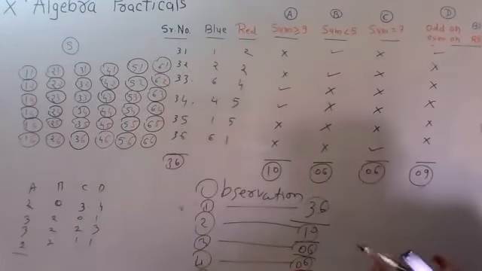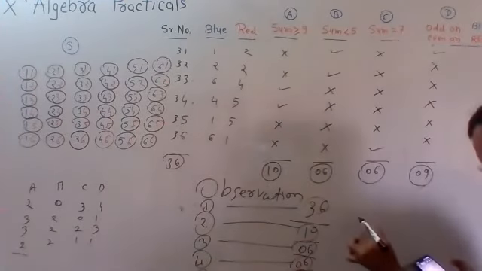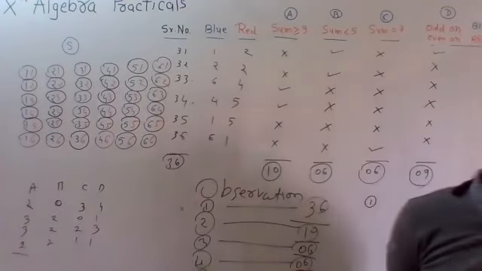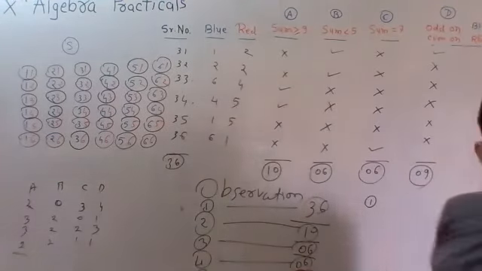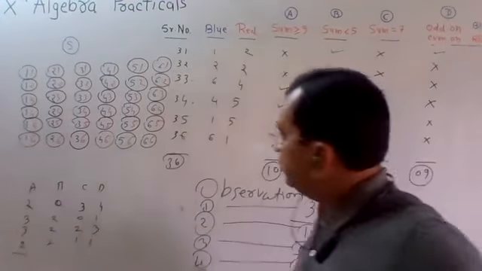Then we have to write the probability of this second. In probability first, what will you write? Okay, I'll write here somewhere.